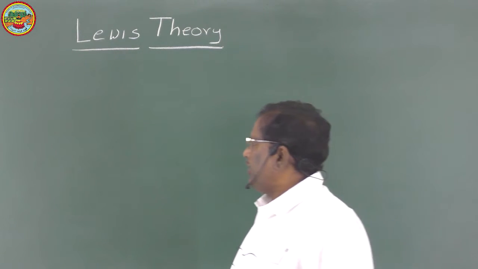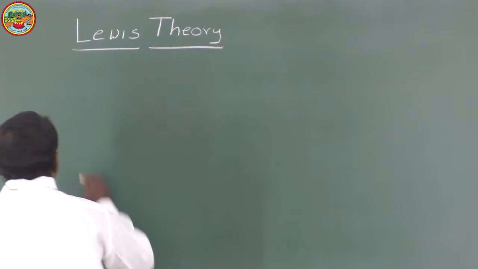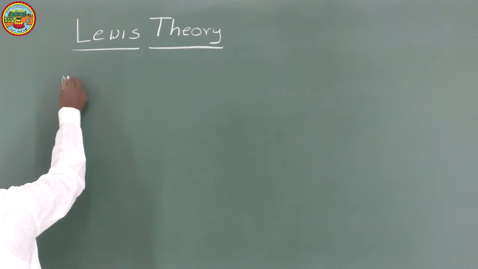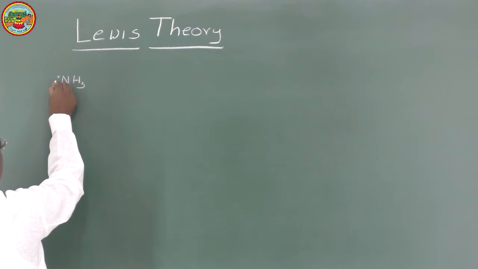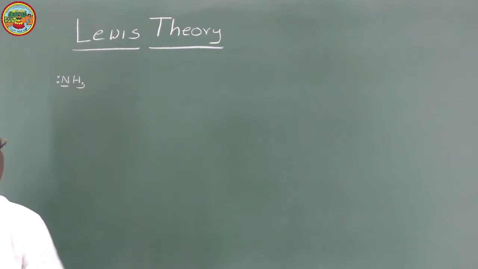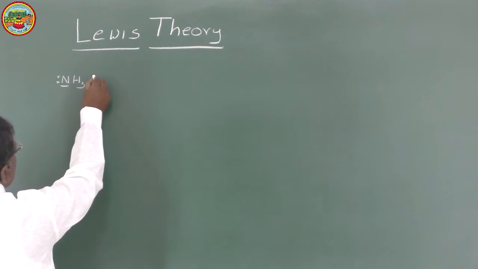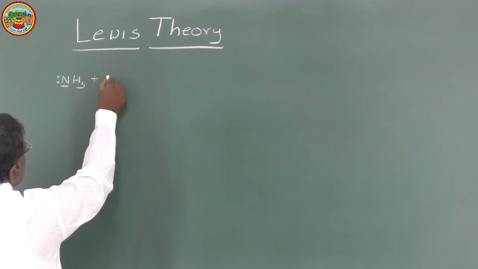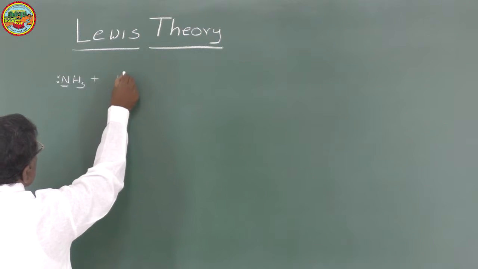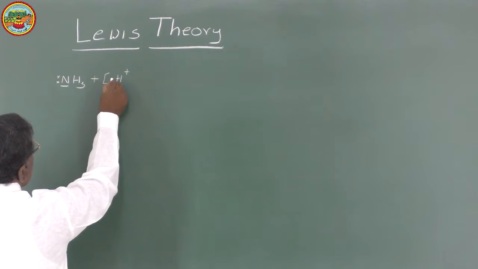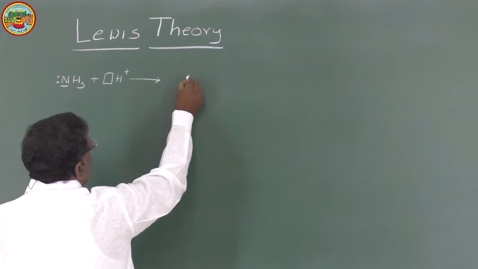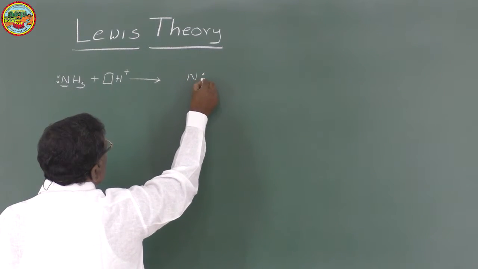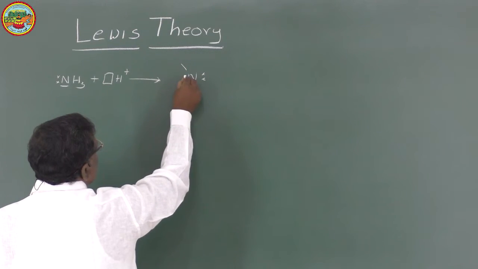For example, if we take NH3, ammonia, the central atom is nitrogen. In the valency shell of nitrogen we have a pair of electrons. Here we have a proton which has an empty orbital. Now when these two are in contact with each other, nitrogen can donate a pair of electrons.